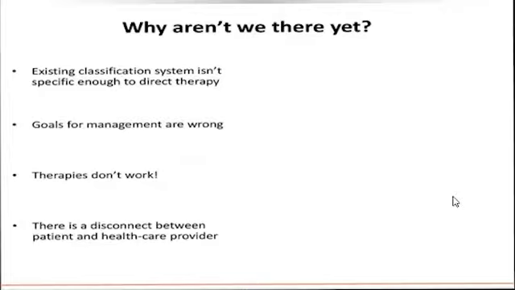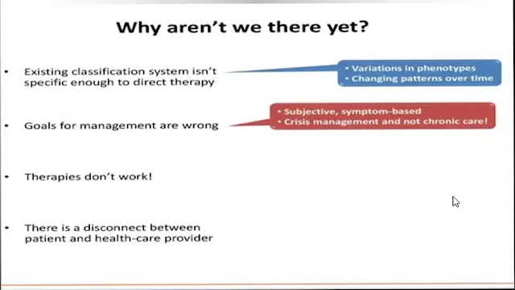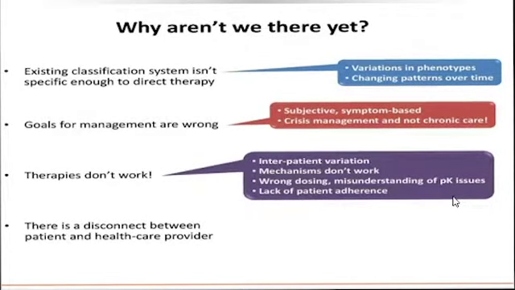Therapies did not work, we know that. And there is disconnection between the patient and healthcare providers. Therapies did not work probably because of interpatient variation, mechanism of action not working, wrong dose or misunderstanding of the pharmacokinetics of the drugs, and lack of patient adherence.